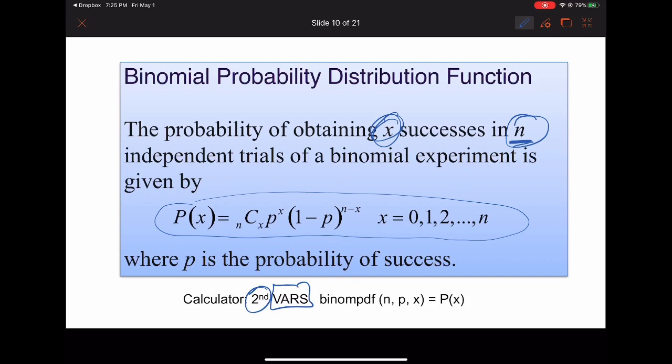I'm going to go into this a little bit more on the next slide, so if you don't want to go down there, that's fine. The first number right here, this is trials, whatever your number of trials is. This right here, P, is the probability of success. And then X, this is number of successes.